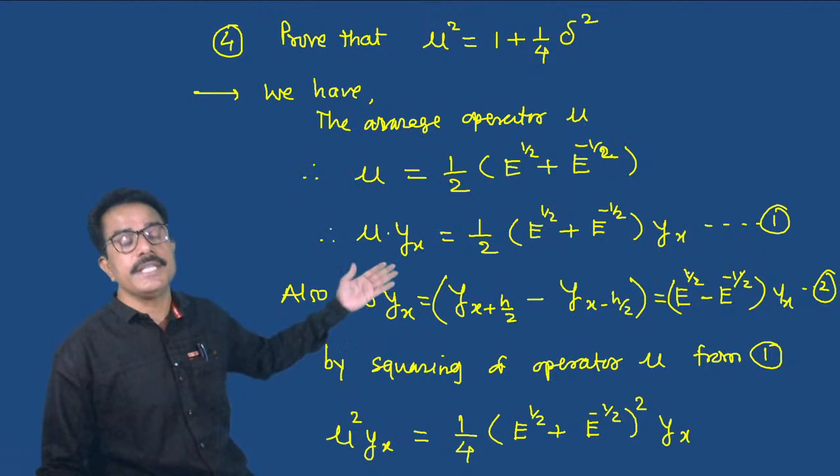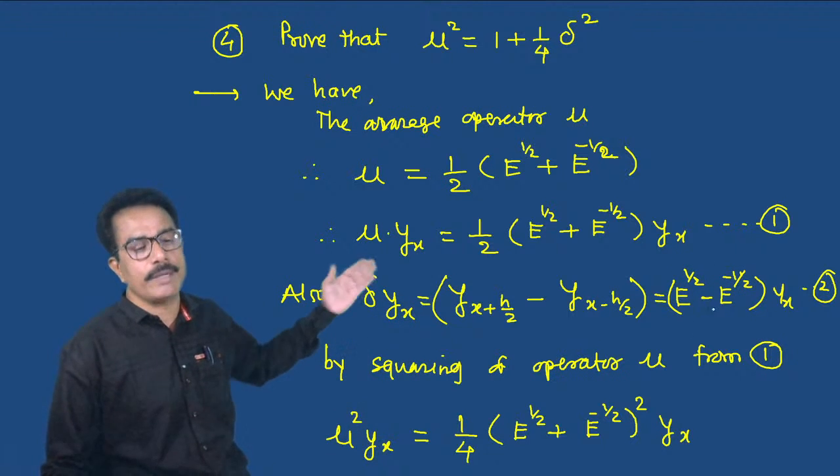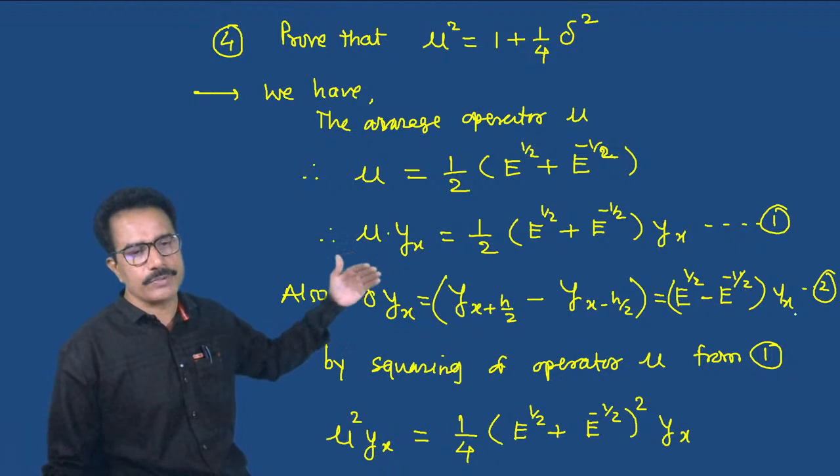That can be written as e raised to h by 2 minus e raised to minus 1 by 2 yx.